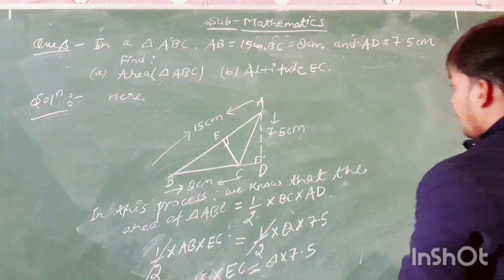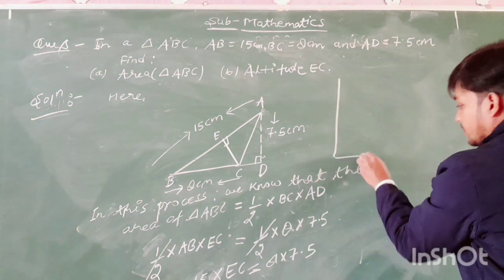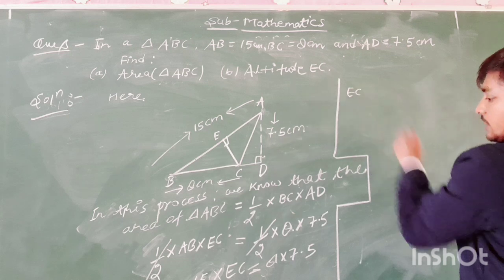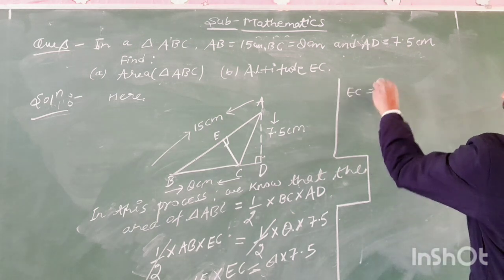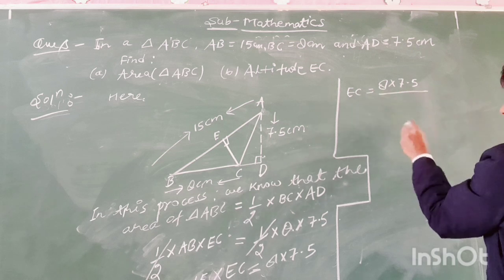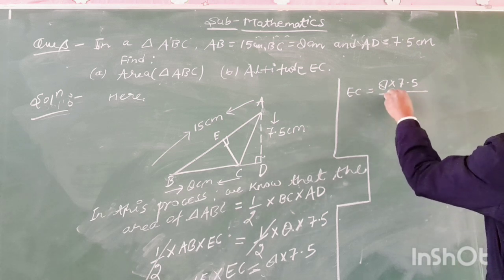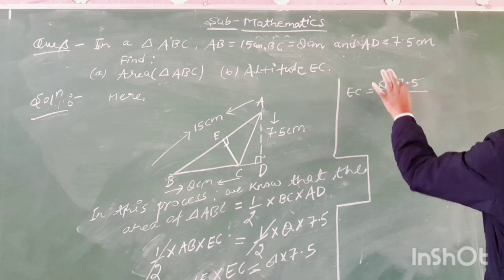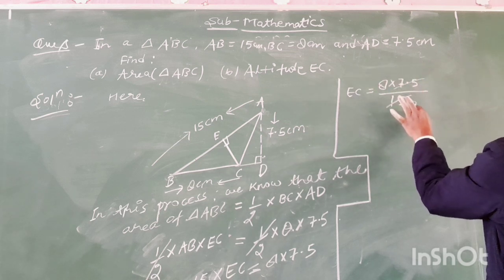So EC is equal to 8 into 7.5 upon 15, and 7.5 2s are 15.